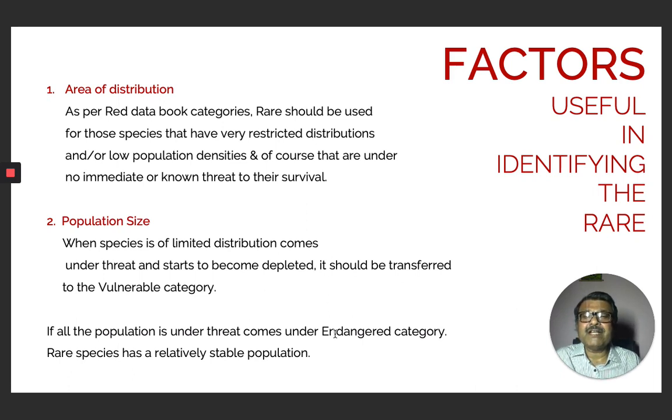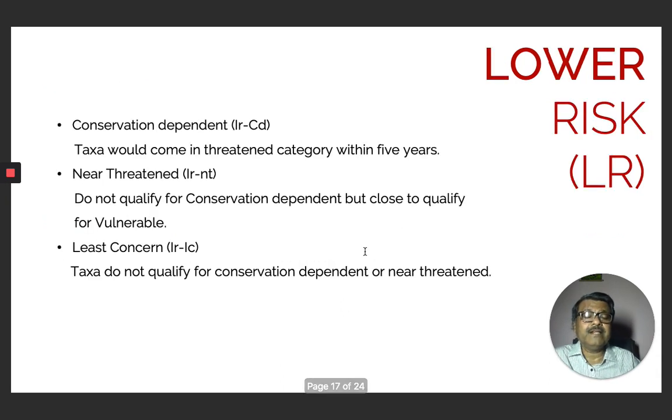So population size and area of distribution are the two criteria used for identifying the rare individuals. But normally rare individuals are found in a very stable population, where the population fluctuation is very less.